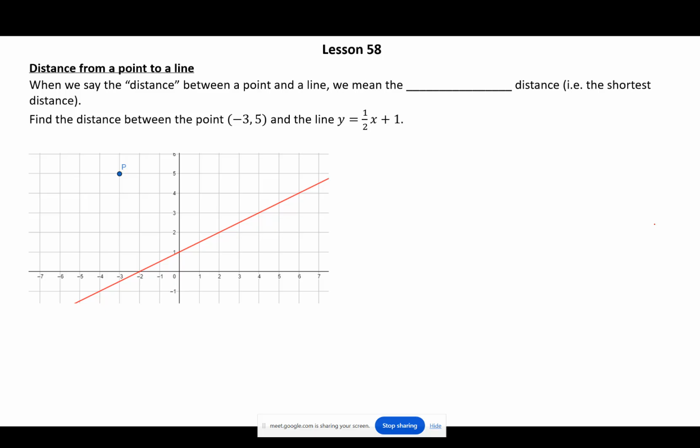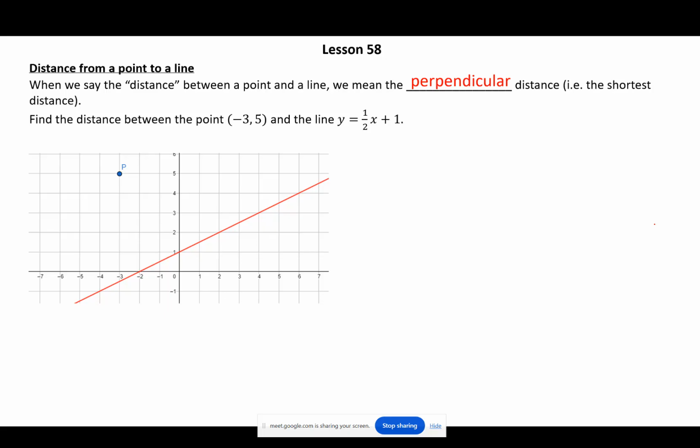Okay, moving on. Lesson 58, the distance from a point to a line. All right. So when we say the distance between a point and a line, we mean the perpendicular distance, which is the shortest distance.